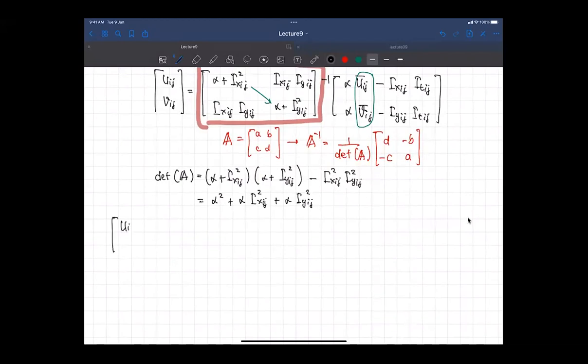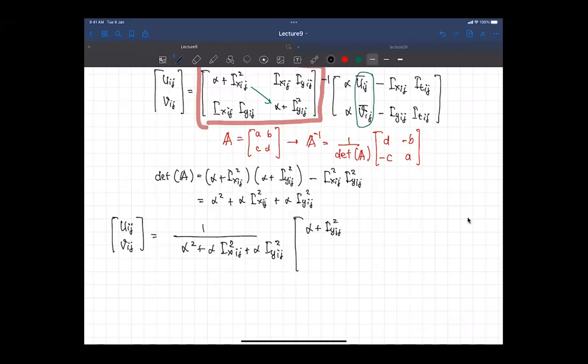So uij, vij equals one over the determinant, alpha squared plus alpha Ixij squared plus alpha Iyij squared, multiplied by the new form of A, right? The d entry means alpha plus Iyij squared.